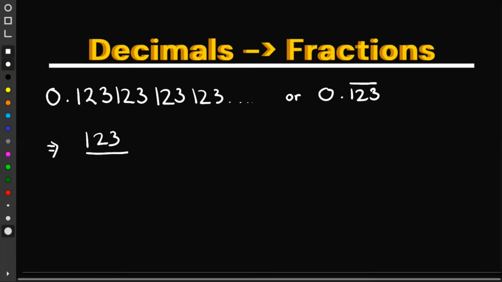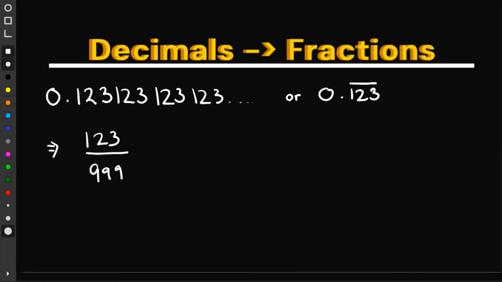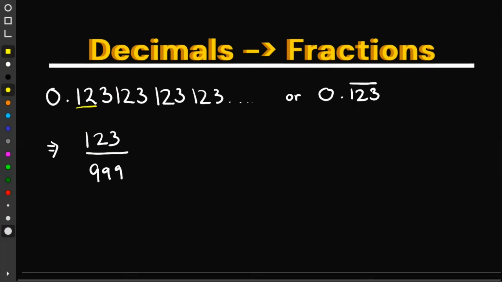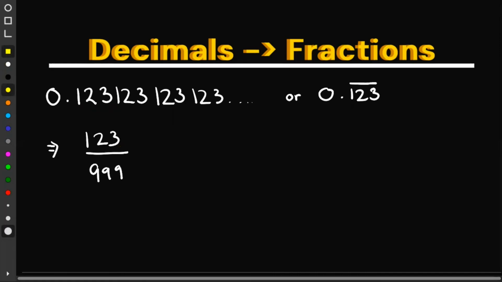To convert this into a fraction, this would simply be equal to 123 over 999. The reason is that 123 refers to the group that repeats. In this case, there are 3 numbers that repeat, and the 999 comes from the number of repeating decimals.